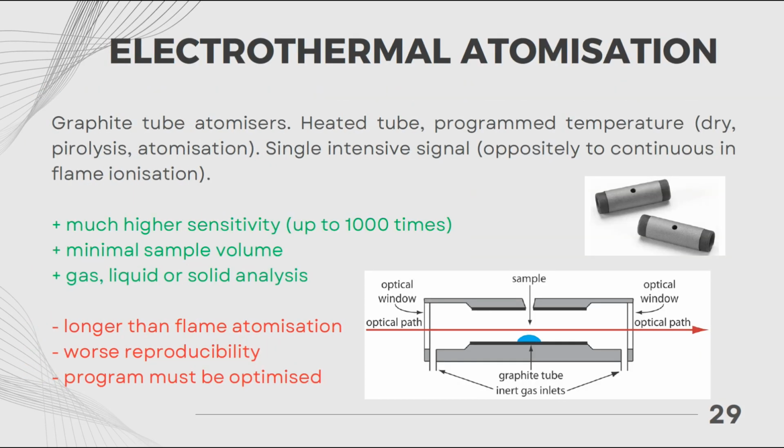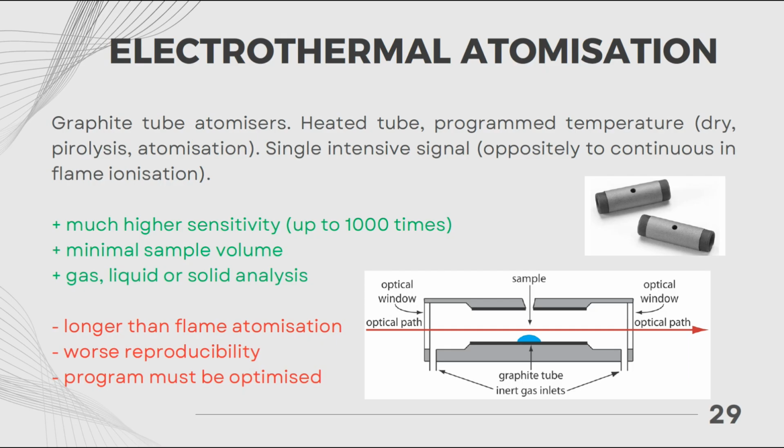The second, more desired and more modern type of atomization is called electrothermal atomization, and it is based on using graphite tube atomizers. So it's just a tubing. You may see its photo here and its scheme here. The sample is introduced in this tube, and afterwards this tube is simply heated electrically. And you have light passing through, so optics here, and light going here.